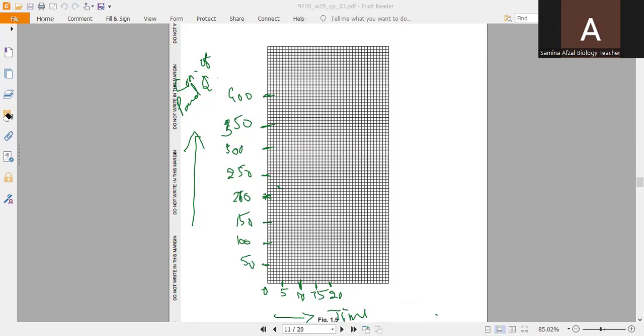Always use the scale to draw these. At 10, again the value is 200. And then at 15, it is 195, so it is nearly equal to this. And then at 20, again, it is 200.